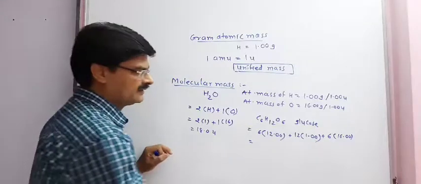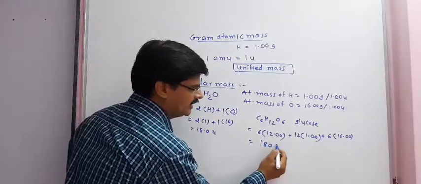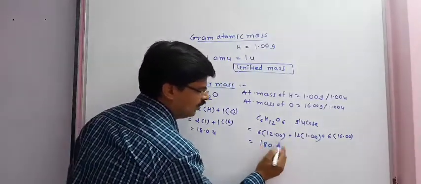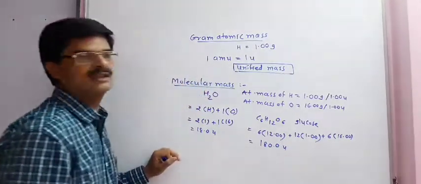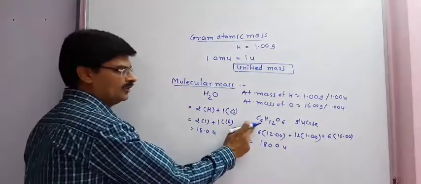On solving this, we get 180.0, or simply say 180 unified mass of glucose.